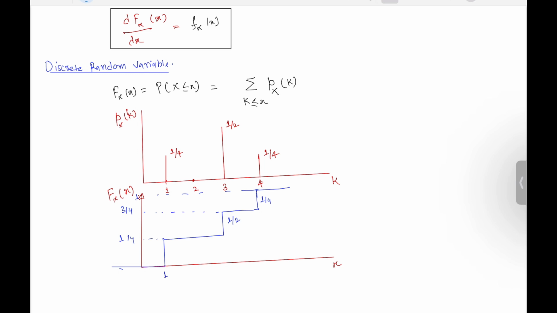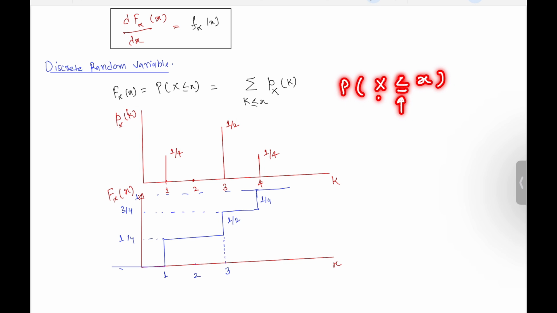There is one more point that might be a confusion for you. If I ask you what will be the CDF at x equals 3. So at x equals 3 we have two values, this one and this one. Which one will we use? As per the definition of CDF, we are summing over all the possible values of the random variable X that are less than or equal to x.